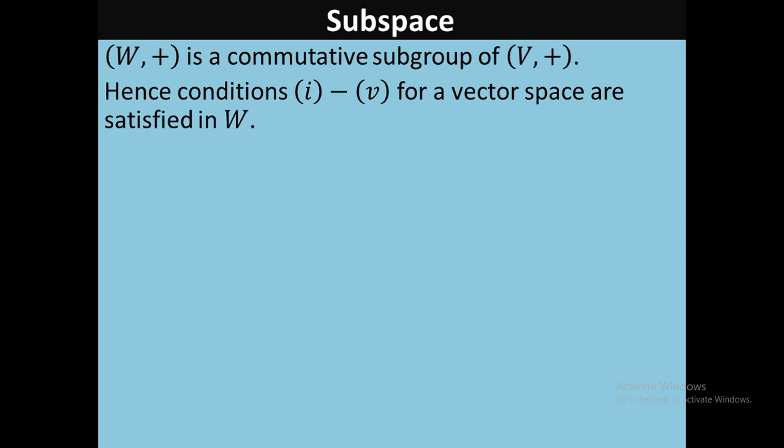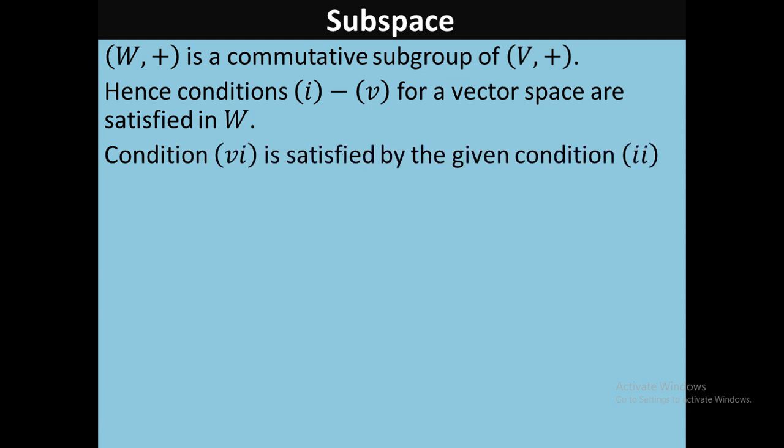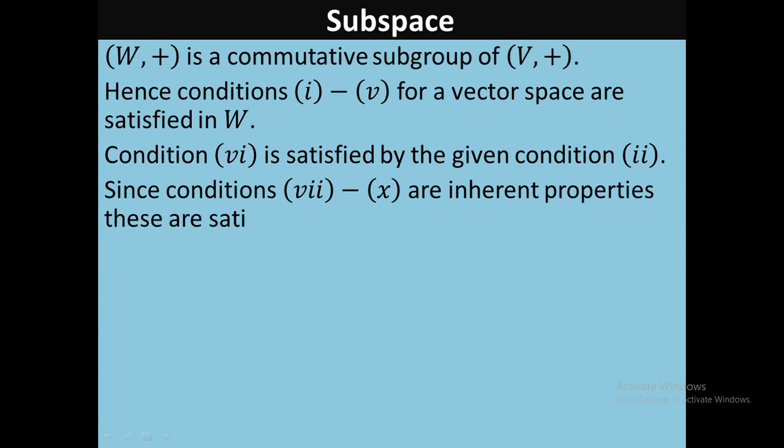Now we have to satisfy the remaining conditions, that is conditions 6, 7, 8, 9, 10. Condition 6 is satisfied by the given condition, because in the second condition, for all C in F and for alpha in W, C dot alpha is also in W. The remaining conditions, from 7 to 10, are all inherent properties, and we know that an inherent property is satisfied in a subset.